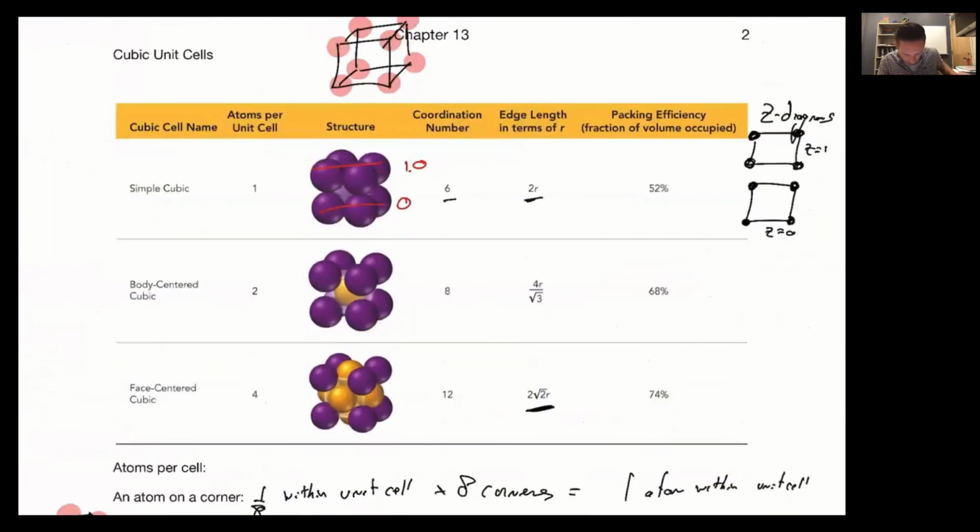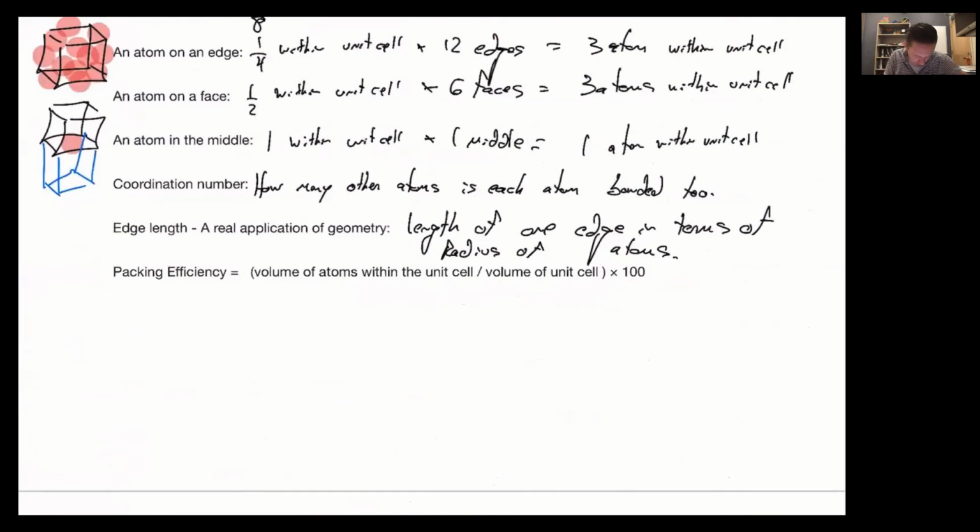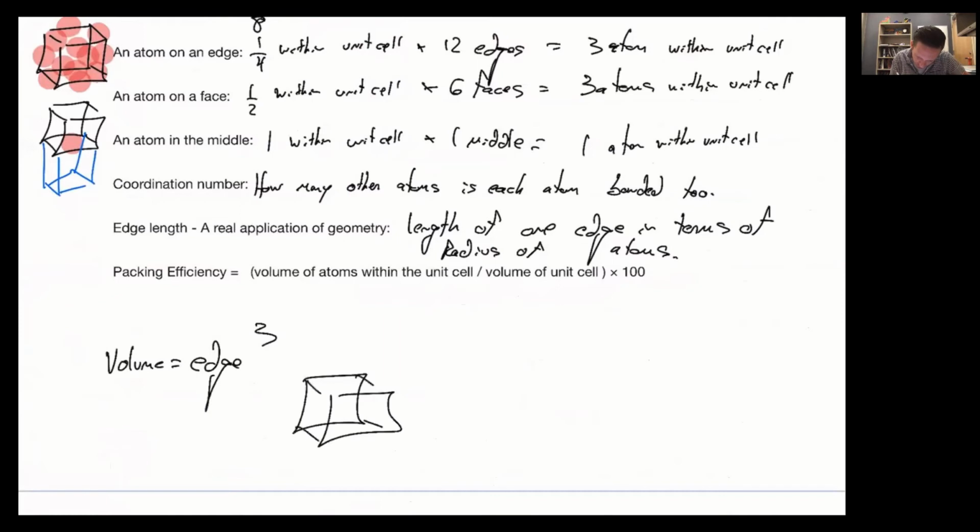Okay. And then you should also remember that the volume of a cube is based on the edge cubed, right? These are all those perfect unit cells, those perfect cubes where the length, the width, and the height are all the same. And so the volume is equal to one edge times another edge times another edge.